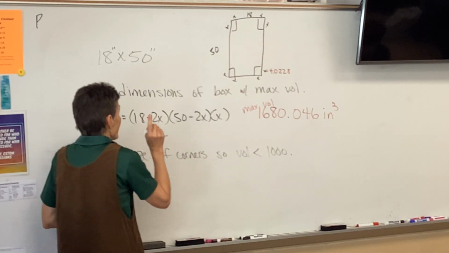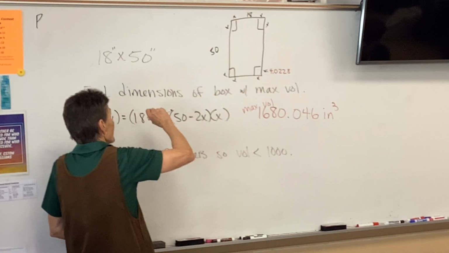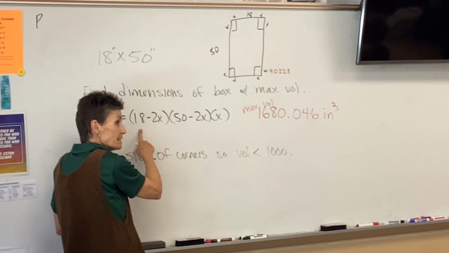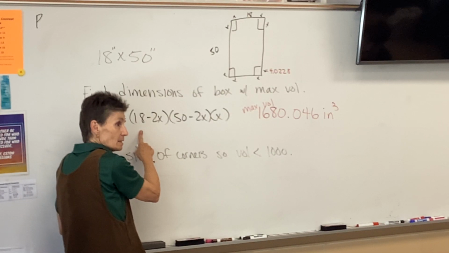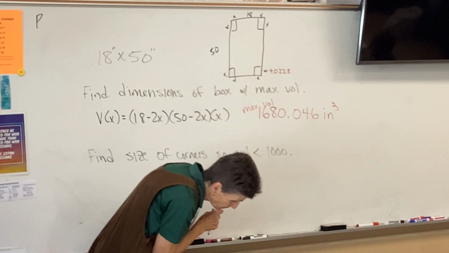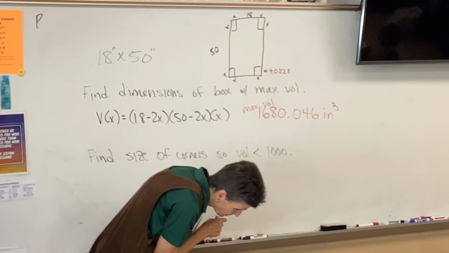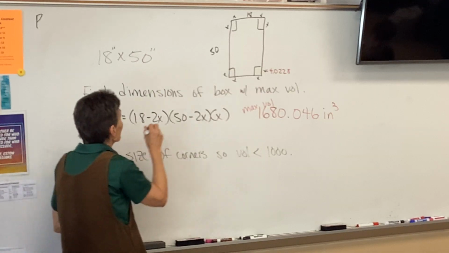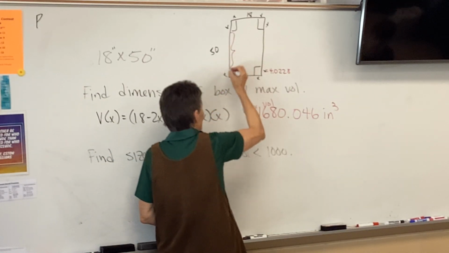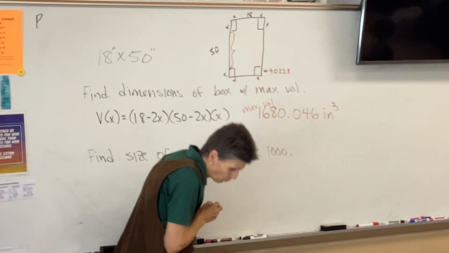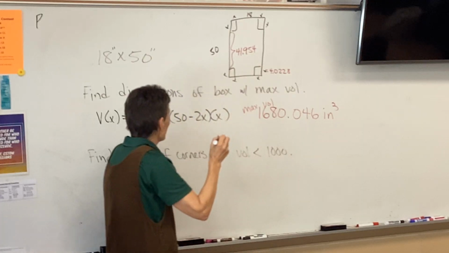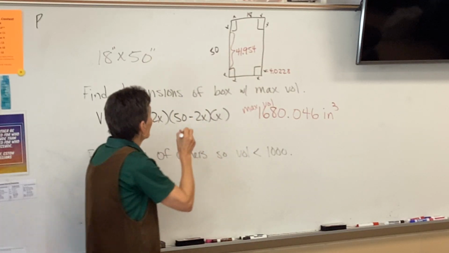All right, so I know x is that, so then I need my dimensions, which would be 18 minus 2x. Did you get that one? I think I did that one wrong. I got 50 minus 2x. I got this dimension right here to be 41.954. Does that sound right at all? And then what was this one?